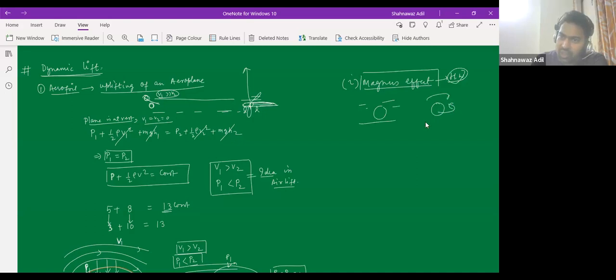It is creating a net angular momentum, and then it will uplift, right? So air pressure will be changed, and this will change the path. Please look into the Magnus effect from the book, read it and note it down, and that would be good. But before that, please write down this part.